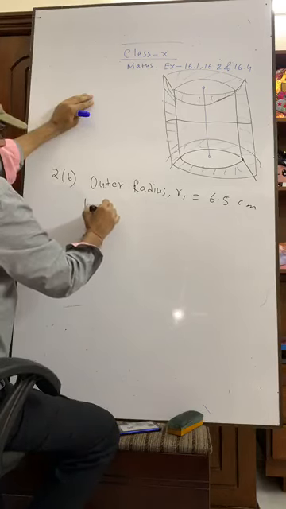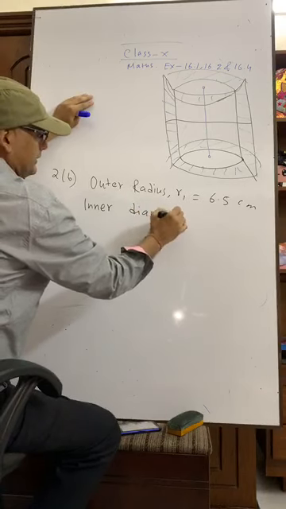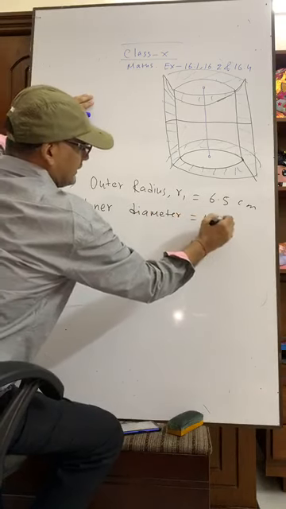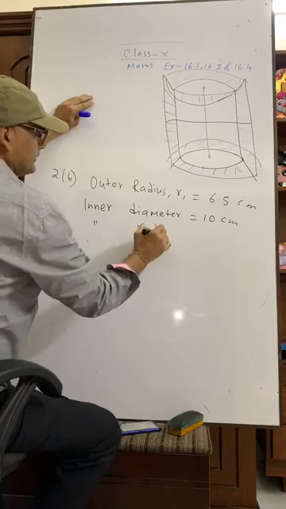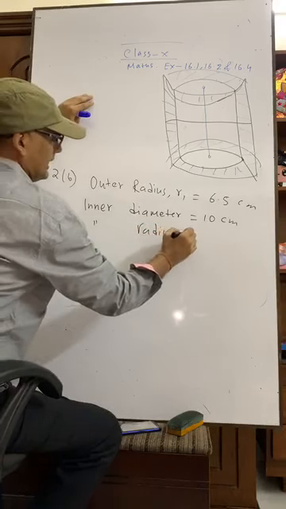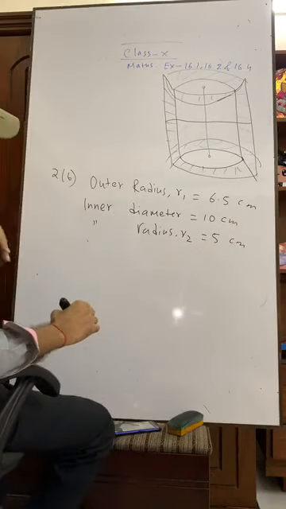Inner diameter equals to 10 centimeter. Inner radius, R2 equals to what? 5 centimeter. Have you got it?